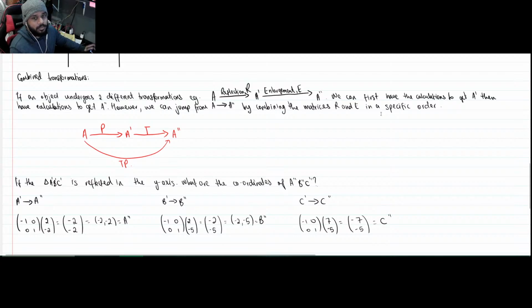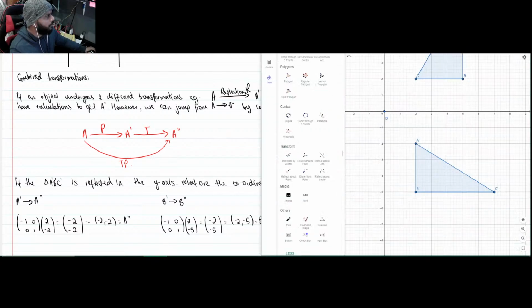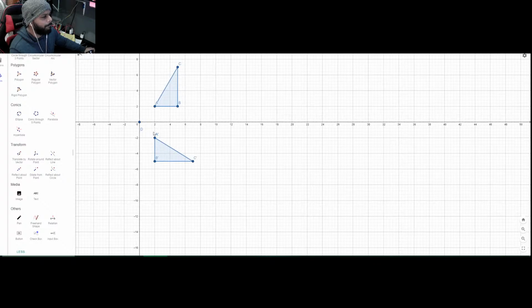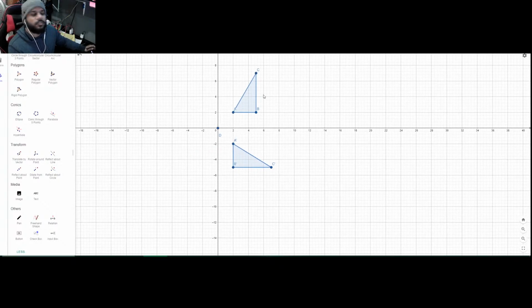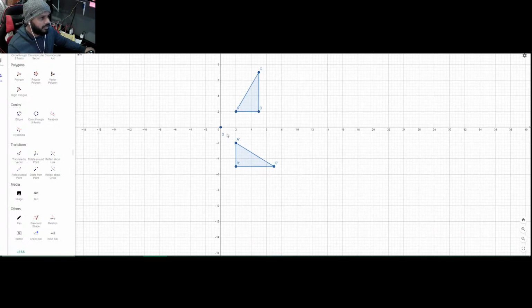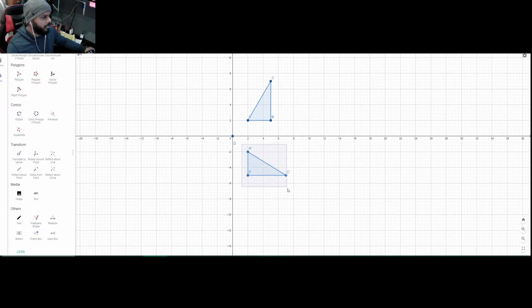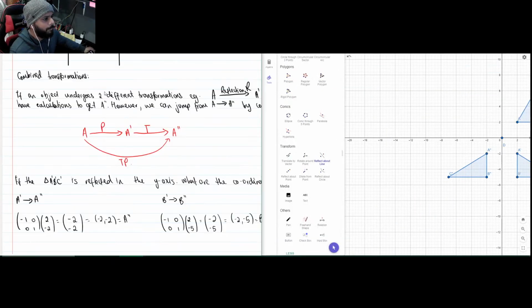Let me check it and see. My first transformation was this rotation. And then I transformed this triangle; I reflected that in the y-axis. This is what I will get. This should be my final image. So let's check the coordinates and see if they are okay.